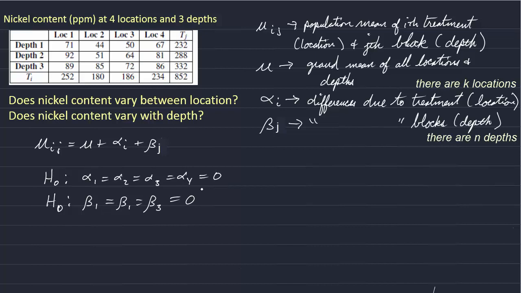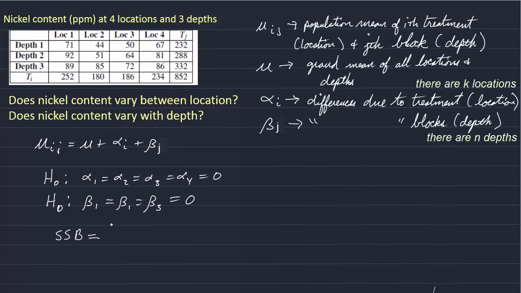So to test these hypotheses, we'll follow the same reasoning as we did with one-way ANOVA, and we have to define another sum of square deviations, and those are associated with the blocks, or in this case, depths.